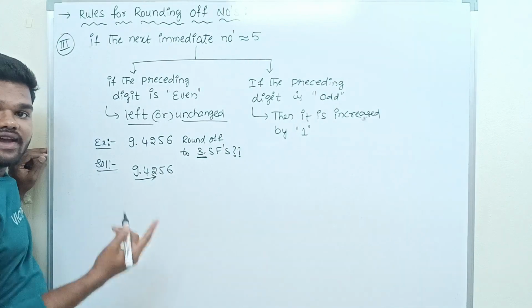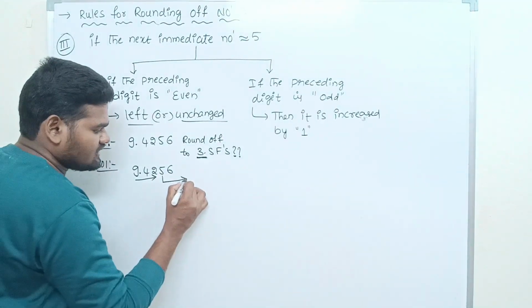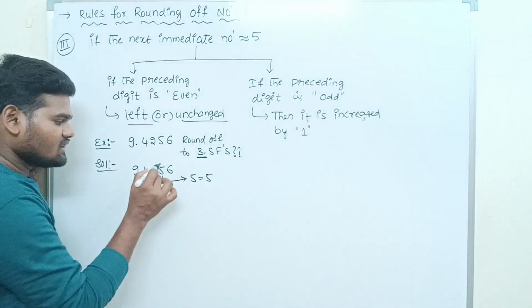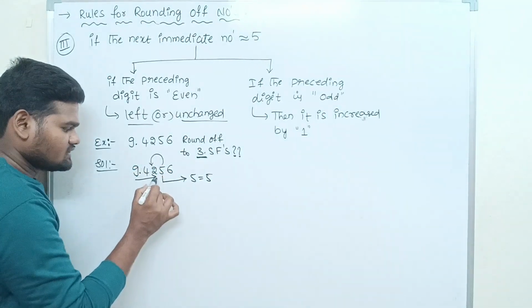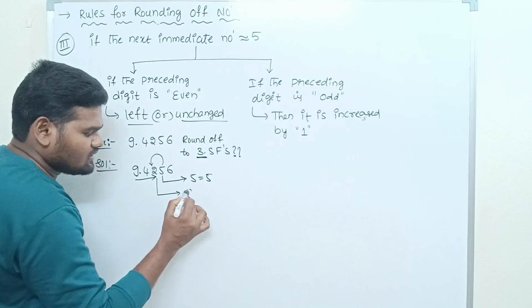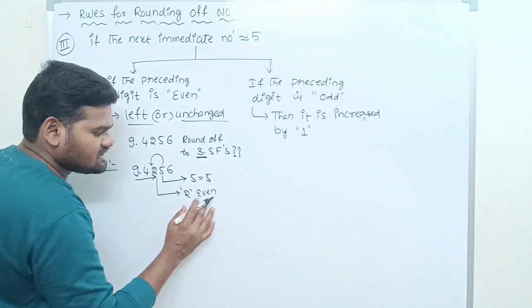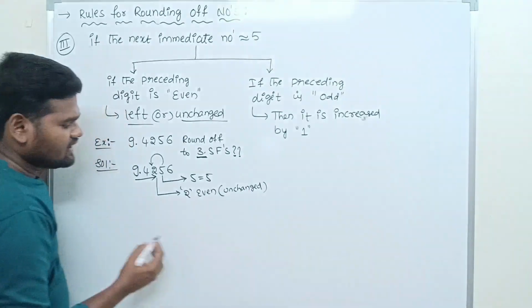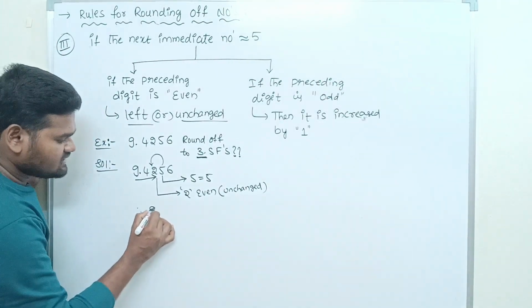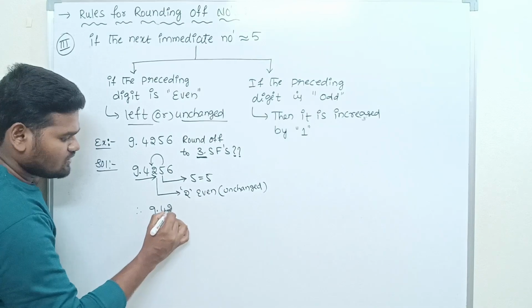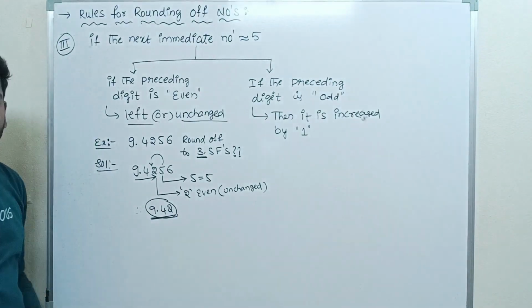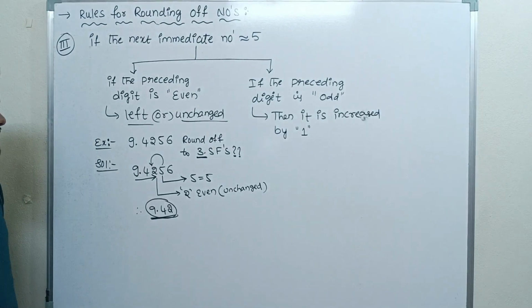We have to check the next immediate number. The next immediate number is 5, which is equal to 5. Then we have to check the preceding number. The preceding number is 2, which is even. If it is even, it is unchanged. Are you getting? So therefore the answer is 9.42.